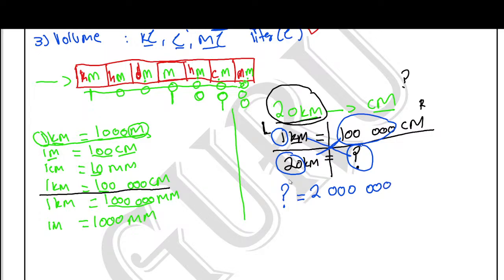That means your question mark is represented by 2 million. Already we know that this is 2 million what? Centimeters. Now we just converted 20 kilometers into centimeters. That means every time you see someone who has traveled 20 kilometers, you must know that that person has traveled 2 million centimeters.